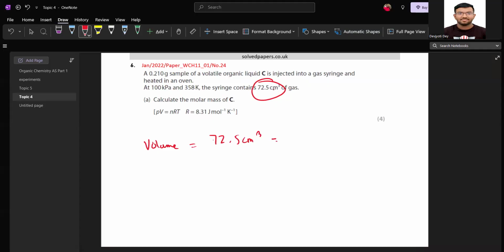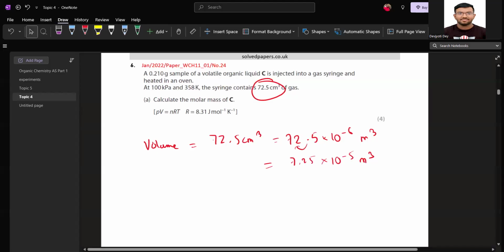If you want to convert this into meter cube, you multiply it by 10 to the power minus 6. You can also just move the decimal point. All right, fine, our volume unit arrangement is done.